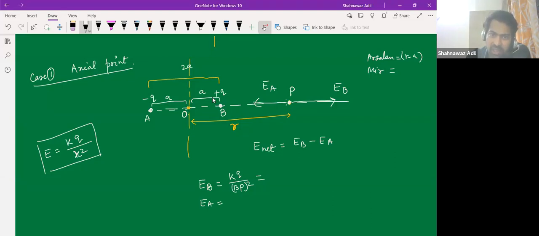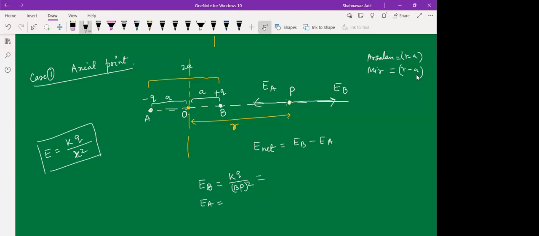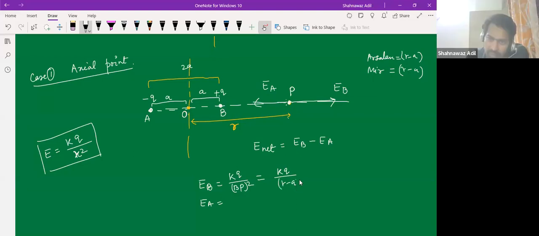From here to here, it is A. And from here to here, we want to calculate, right? So as Arsalan has said, if we subtract A from the total R, then we'll get BP. So BP is R minus A. Is that clear? Yes, sir. This is KQ divided by R minus A whole square.